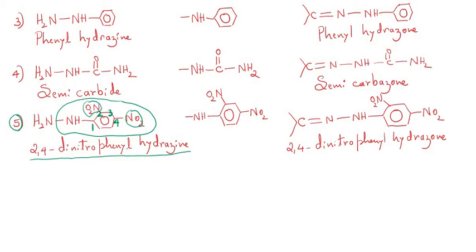NO2 group. So therefore the name is 2,4. It is 2 times, so I call it as what? A di. The group is called as a nitro, and these nitro groups are attached to this benzene ring, that we call as phenyl, and the name of the derivative is hydrazine, right? So therefore this Z group here is this, and when an aldehyde or a ketone reacts with this ammonia derivative, 2,4 dinitrophenyl hydrazine, then our product is called as 2,4 dinitrophenyl hydrazone. That we have to remember, students.